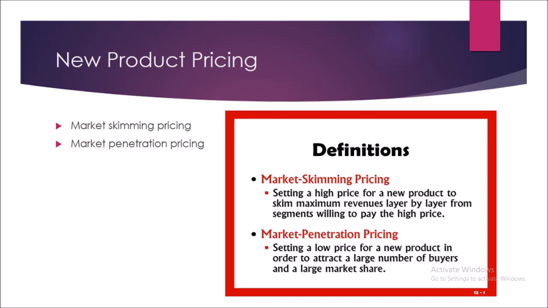So setting a high price for a new product to skim the maximum revenue layer by layer from segments willing to pay the high price is known as market skimming pricing. You try to attract premium, high-priced buyers, people who have high income and affordable capacity, through a high price. That is called skimming pricing.